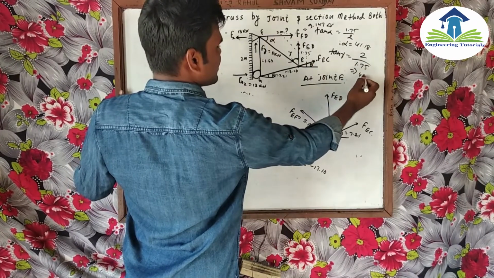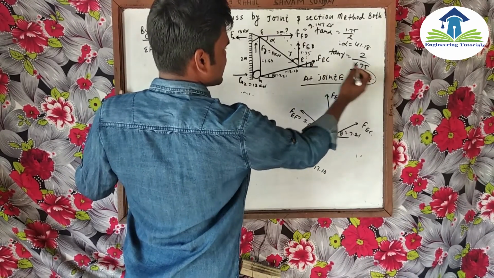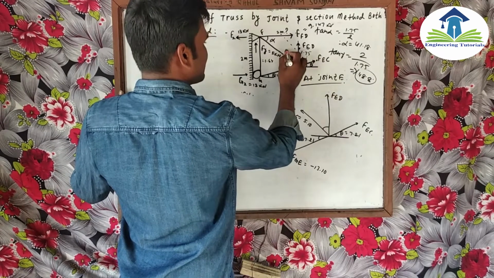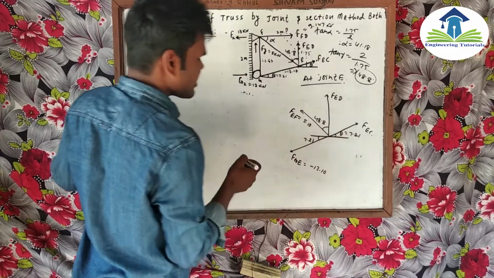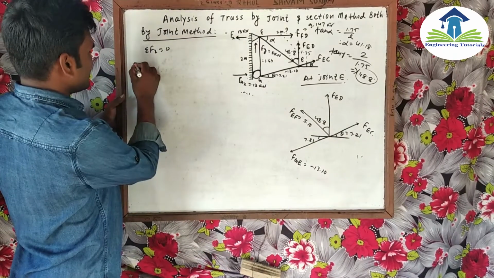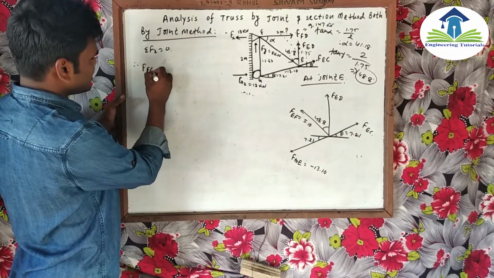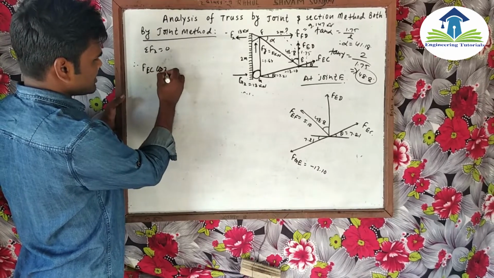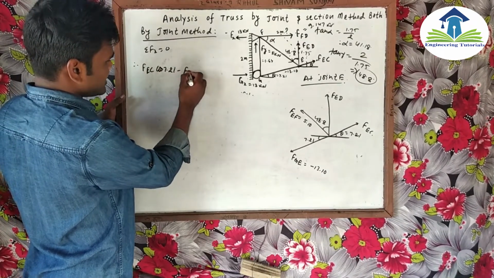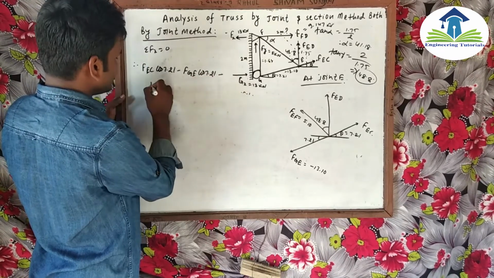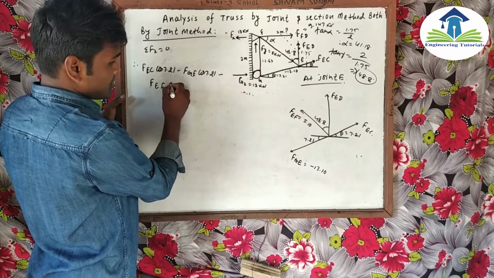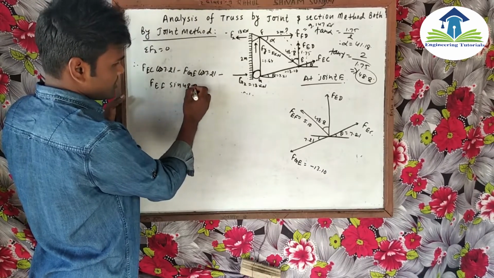So it is 48.8 degrees. Now in the Fx direction: FEC cos 7.21 minus FGE cos 7.21 minus FEF sin 48.8 is equal to 0.